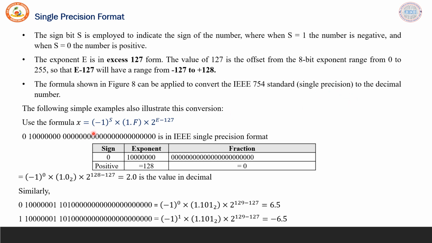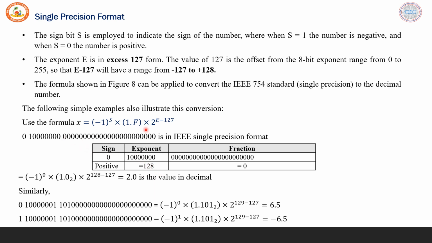So once again, we have a look at the formula here. This formula needs to be applied to the number shown here, which is in the IEEE single precision format. Now we understand that the most significant bit is 0, hence the sign should be positive. The 8 exponent bits are captured here, and when you change them to decimal, the equivalent is 128.